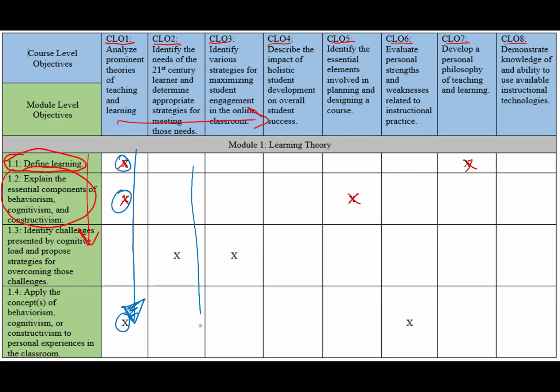For course level objective 2, how many X's do I have? So if you wind up with, say, for course level objective 1, 15 module level objectives that support it, and for course level objective 2, you have 4, then that's quite a disparity between your course level objectives and the amount of support.